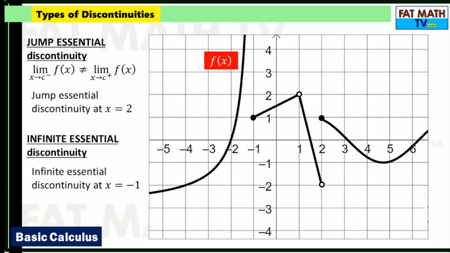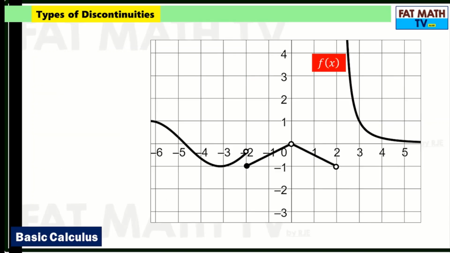So these are the three types of discontinuities: the removable or the hole, the jump essential, and the infinite essential discontinuity. So if you will be asked at which value of x the graph is not continuous: at x equals negative 2, at x equals 0, and at x equals 2.